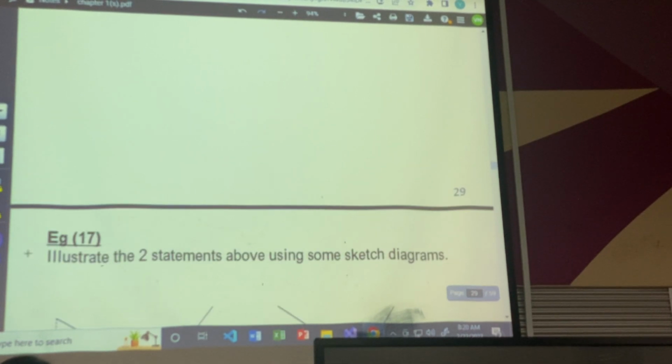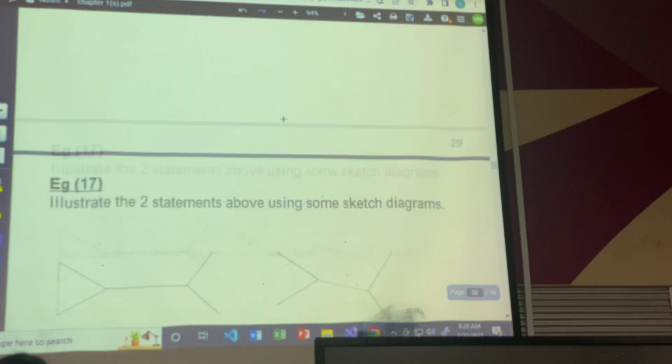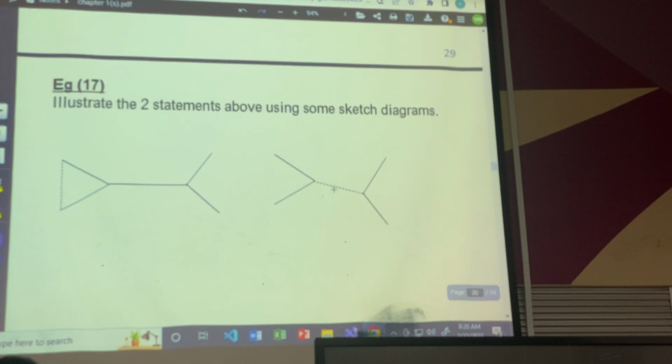And the second theorem here says that a graph is originally a tree because it is connected. But if, let's say, you remove one of the edges, it becomes not connected. So, for example, this one. The dotted line is originally in the graph, so it is connected, right? But after you remove this dotted line, it becomes not connected anymore.